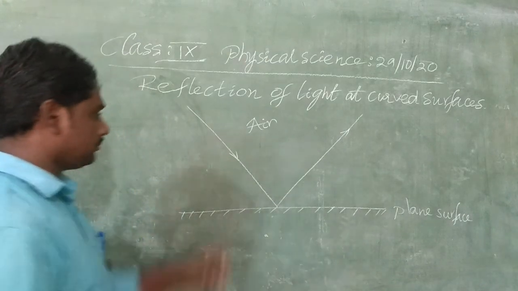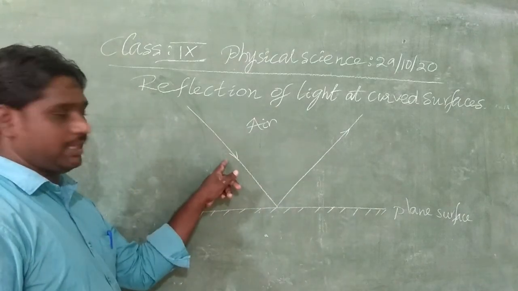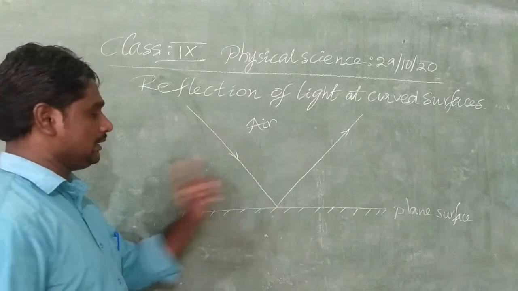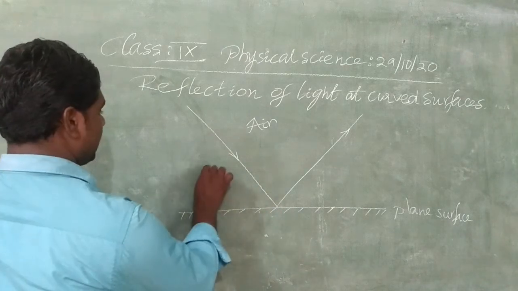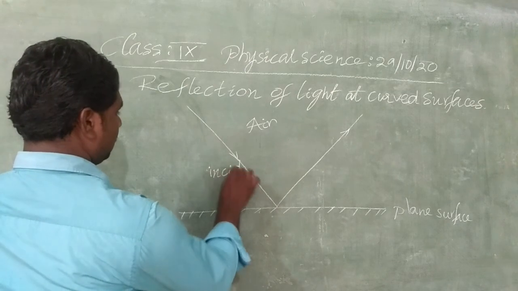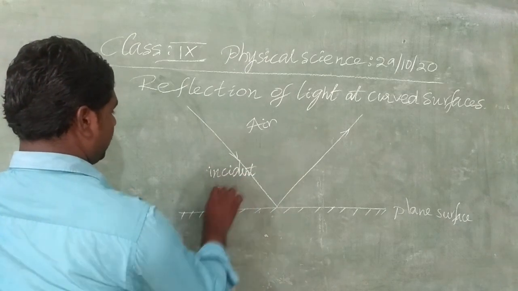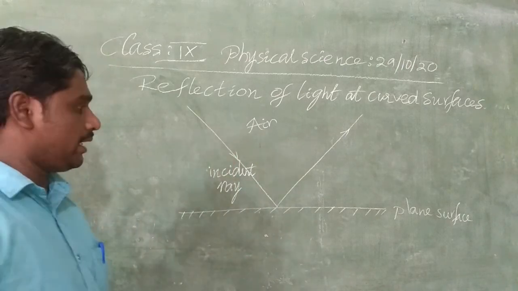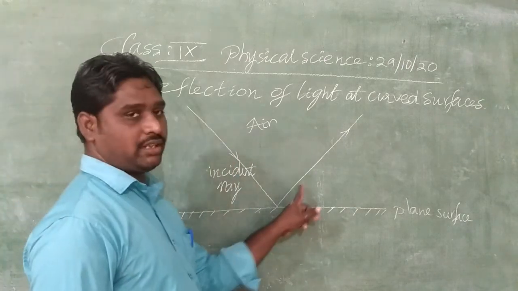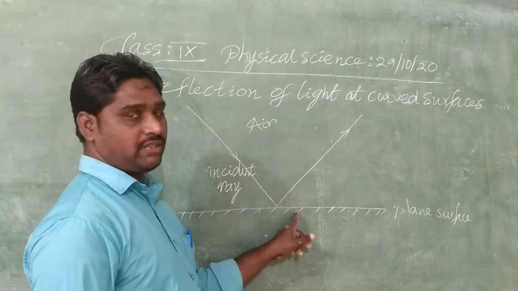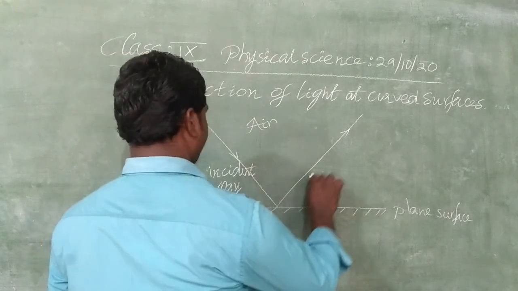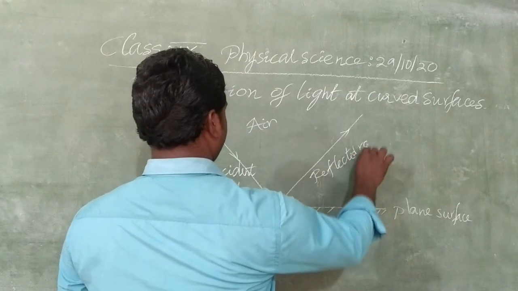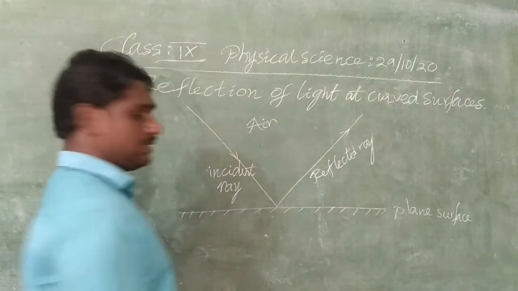Here, this light ray is incident on the plane surface. This ray is called the incident ray. Next, the ray which is reflected from the plane surface is called the reflected ray.